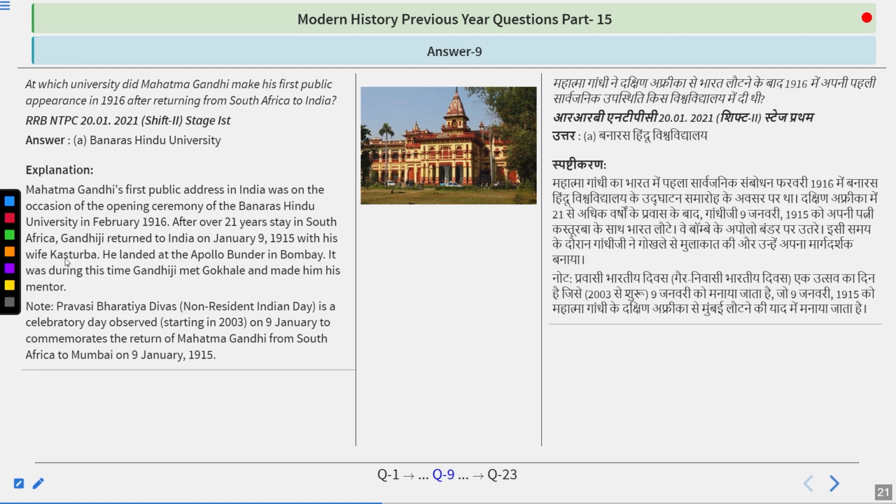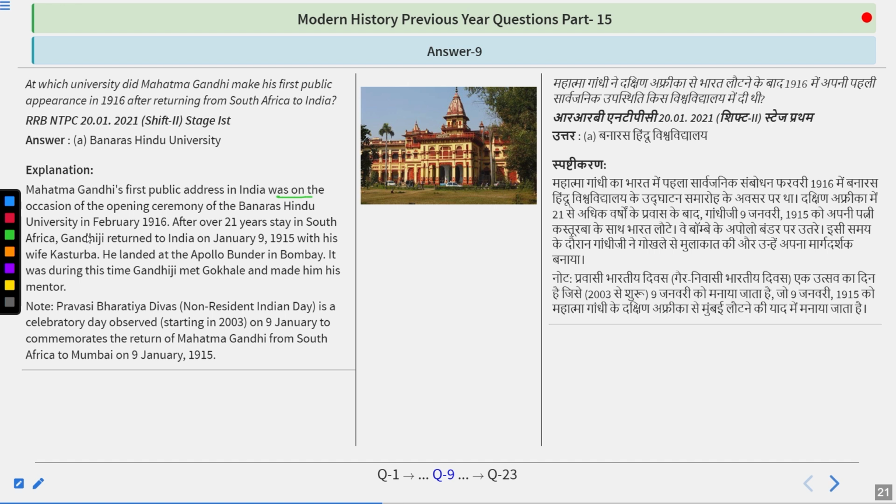Mahatma Gandhi's first public address in India was on the occasion of the opening ceremony of Banaras Hindu University in February 1916. After over 21 years of stay in South Africa, Gandhiji returned to India on 9th January 1915 with his wife Kasturba. He landed at the Apollo Bandar in Bombay. It was during this time that Gandhiji met Gokhale and made him his mentor.